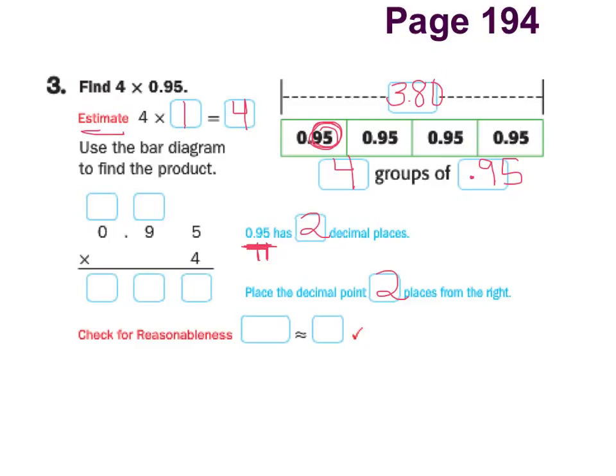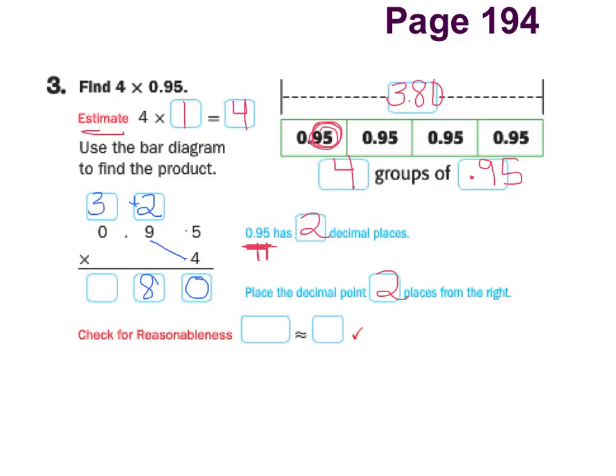Now we can just do the regular multiplication over here. Depending on what your strategy is, this is a traditional algorithm for multiplication. We're going to do 4 times 5 is 20, and I put the 2 into the tenths place. Then I'm going to do 4 times 9, and 4 times 9 is 36, plus the 2 that I put up there, so 38.